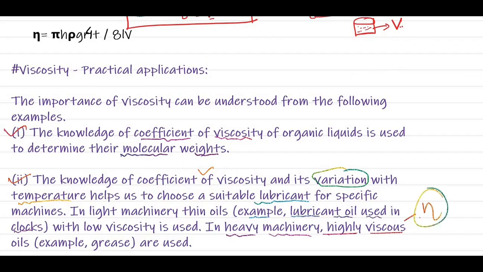There, for example, we can use grease. So if you know the coefficient of viscosity of grease and how much temperature it can sustain, you can better use such materials for more complicated machines in industry and in mechanical purposes also.